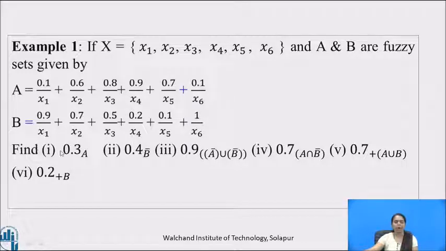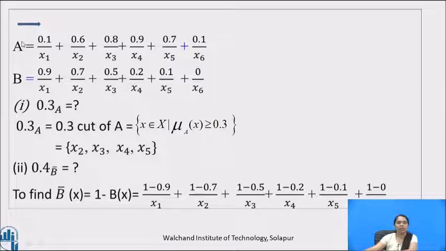Then find first, 0.3 cutoff A; second, 0.4 cutoff B bar; third, 0.9 cutoff A bar union B bar; fourth, 0.7 cutoff A intersection B bar; fifth, strong 0.7 cutoff A union B; and the last one, sixth, strong 0.2 cutoff B. Answer: I have written set A and B once again here.